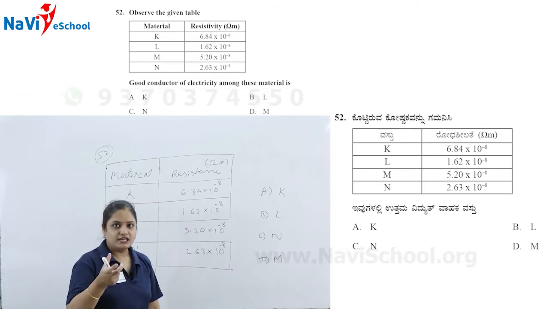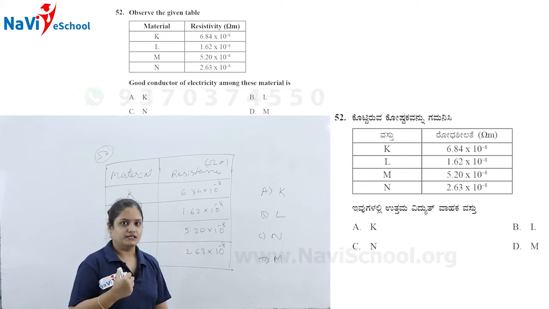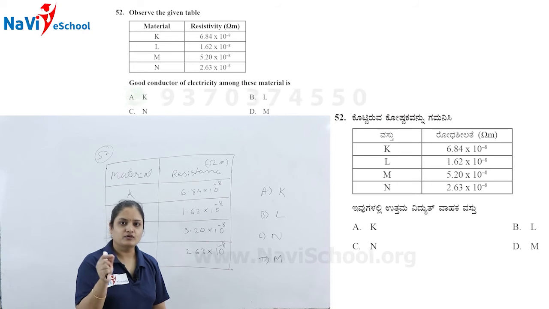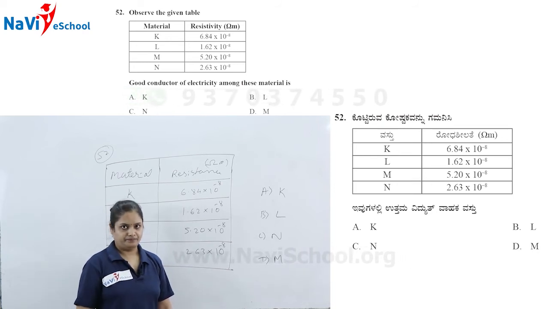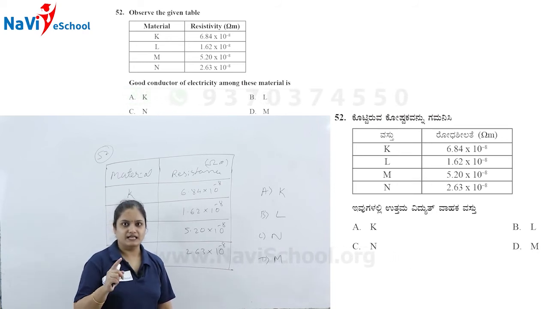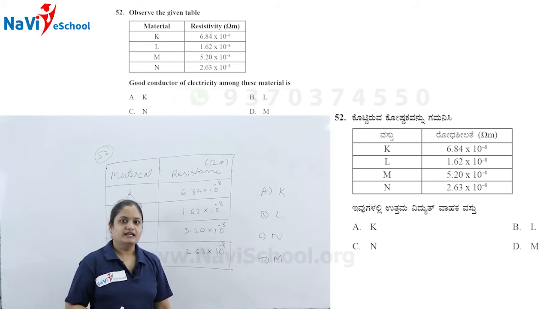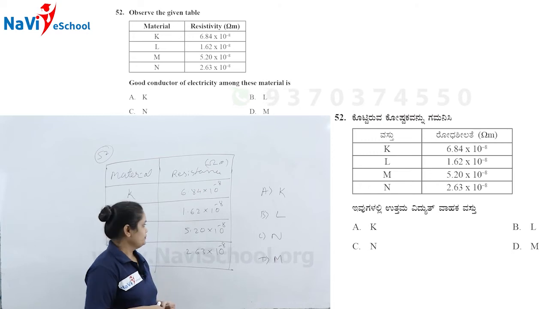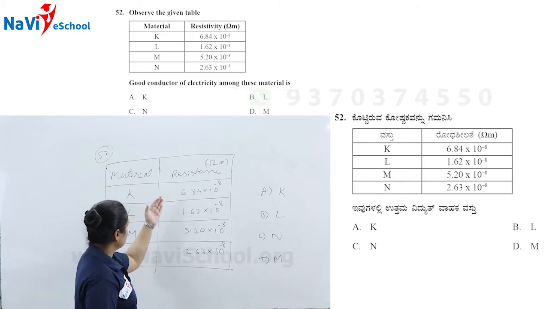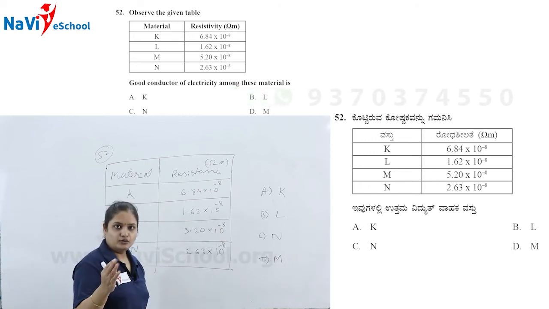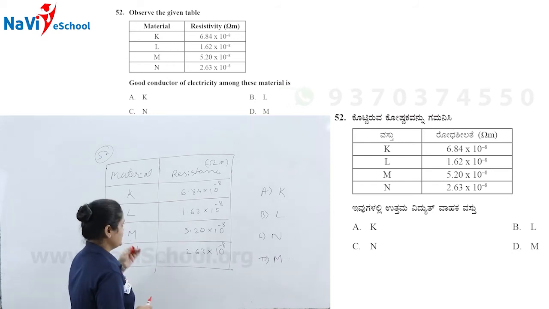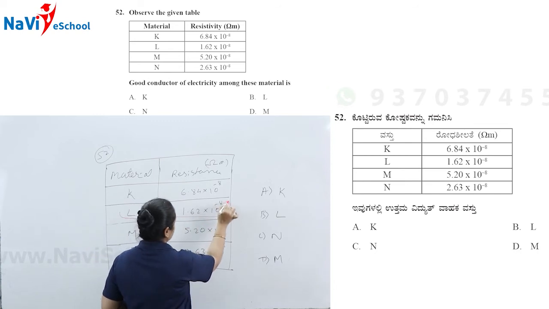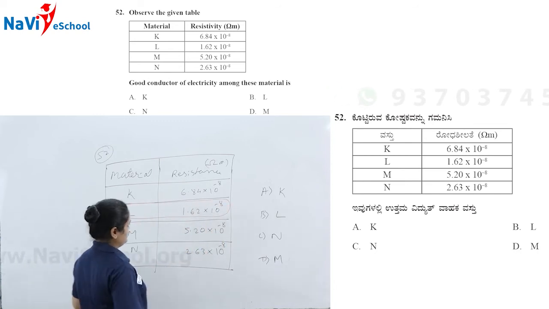If a material is to be a good conductor, then should resistance be more or less? Yes, it has to be less. Then only it can be a good conductor of electricity. So which material has low resistance? Material L has low resistance.